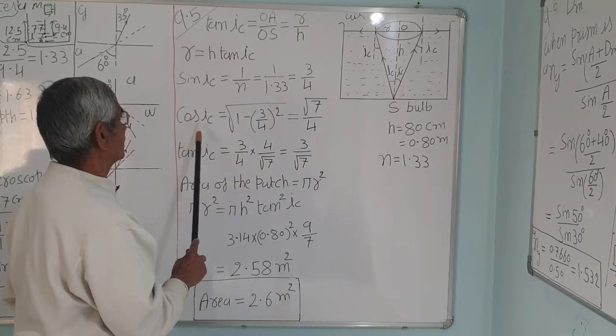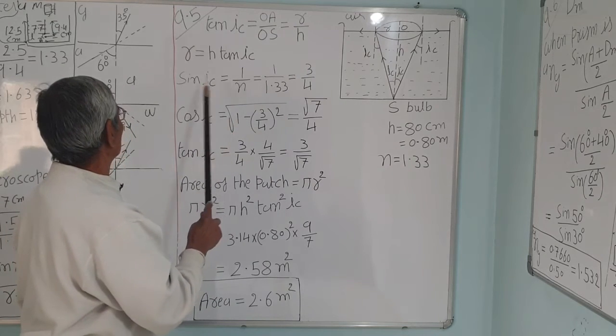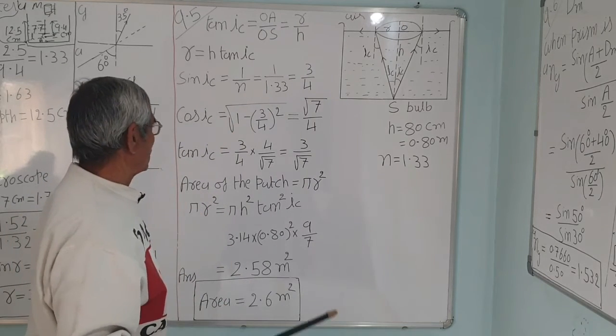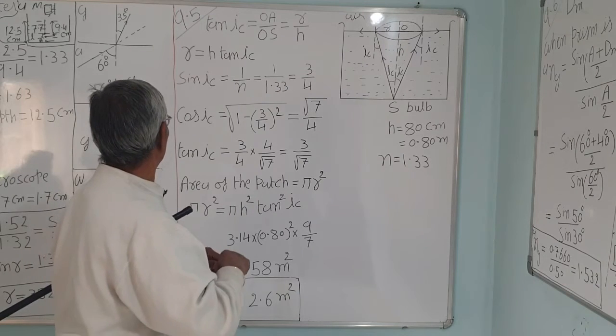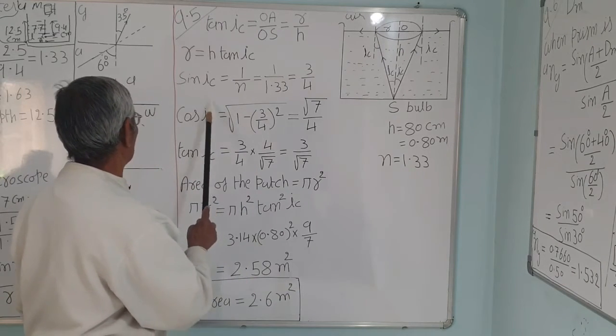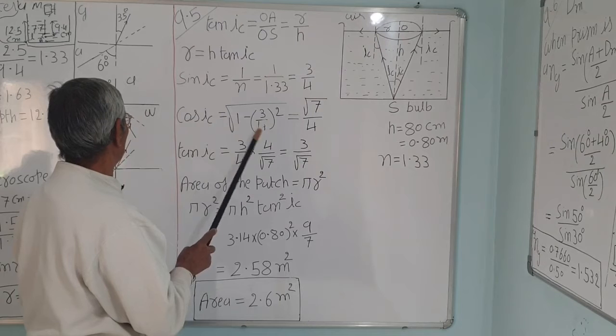Now cos IC: you know sin square theta plus cos square theta is equal to 1. So you can use sin square IC plus cos square IC is equal to 1.